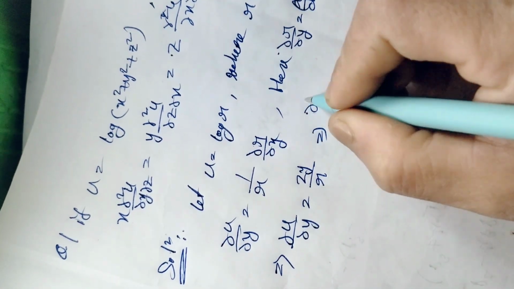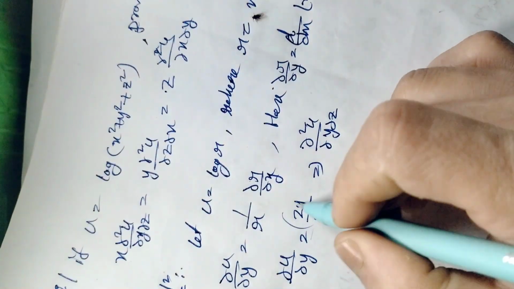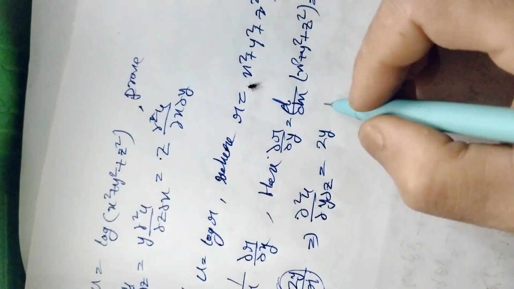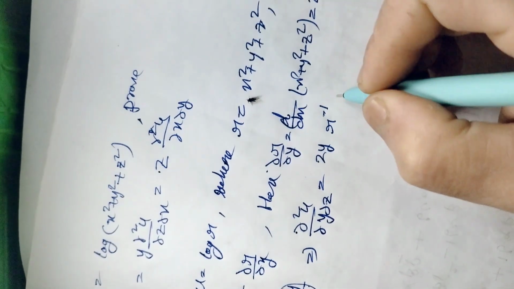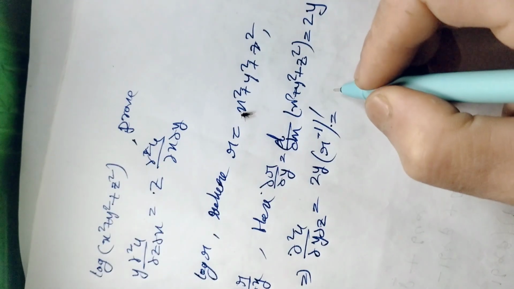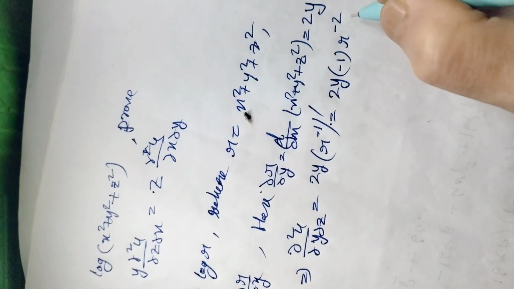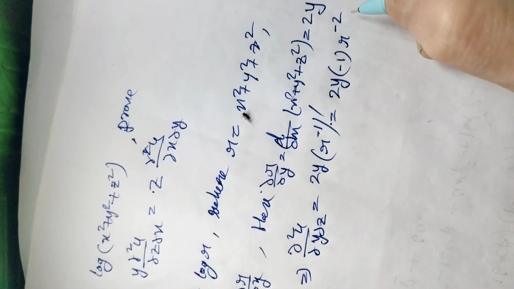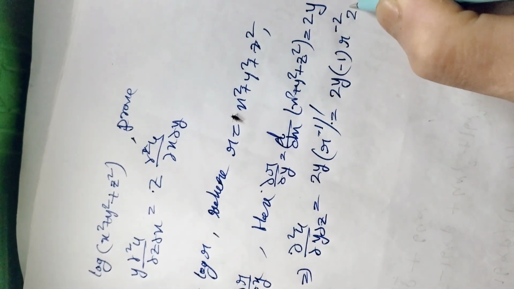This implies del square u upon del y del z. Now let's differentiate this one with respect to z. Here 2y will be constant, so we take it out, and r will be r raised to power minus 1. This implies 2y times minus 1 r raised to power minus 2, and del r by del z will give 2z.